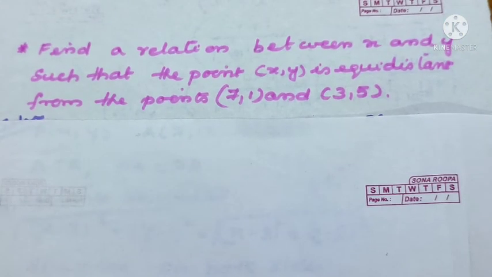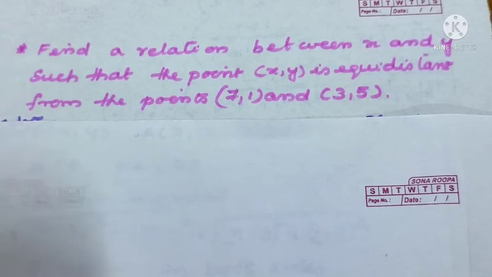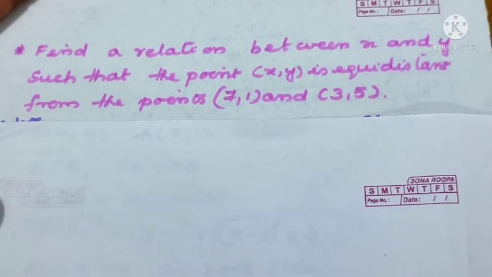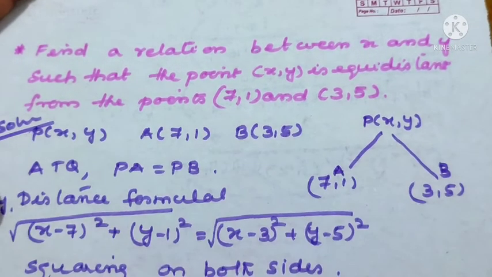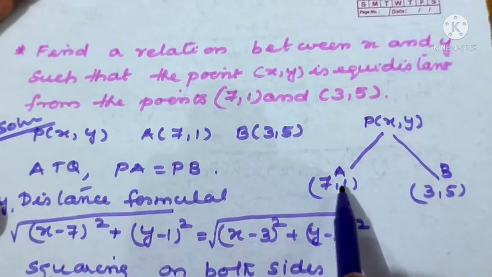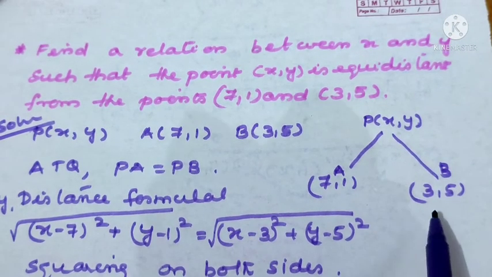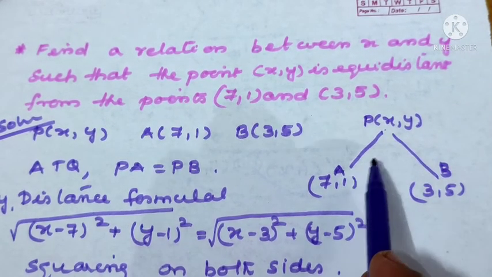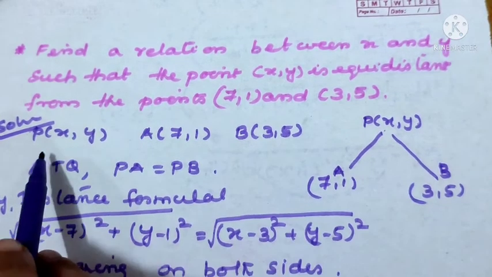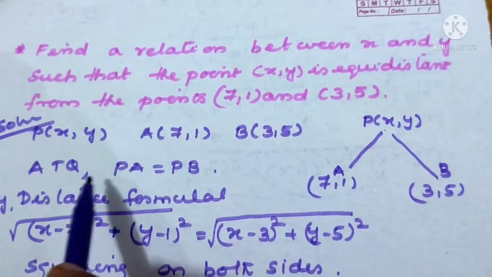Next question, find a relation between x and y such that the point x comma y is equidistant from the points 7 comma 1 and 3 comma 5. So we have to draw the diagram like this. P x comma y and A 7 comma 1, B 3 comma 5. So it is given that PA and PB are equal. So we have written 3 coordinates now.